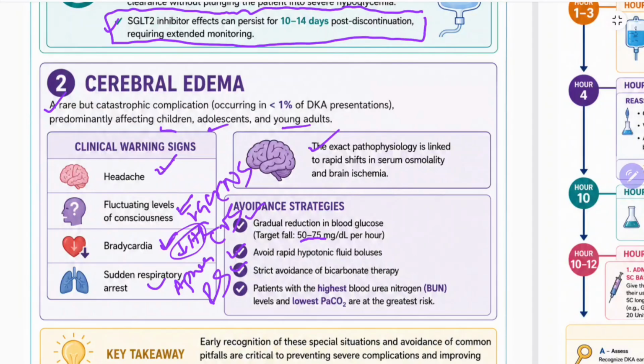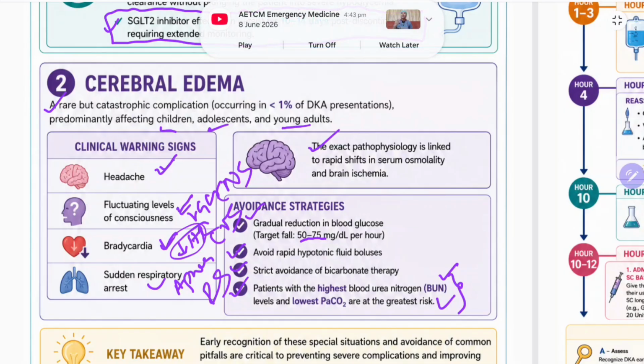Bicarbonate therapy use is associated with increased risk of this. So if the glucose is falling very fast, risk of cerebral edema. Hypotonic fluid boluses, risk of cerebral edema. Giving bicarbonate, risk of cerebral edema. Patients with the highest blood urea nitrogen (BUN) levels and lowest PCO2 are at the greatest risk. So if BUN is raised and PCO2 is decreased, these are also laboratory markers of cerebral edema risk severity.